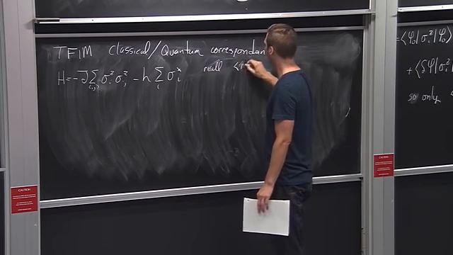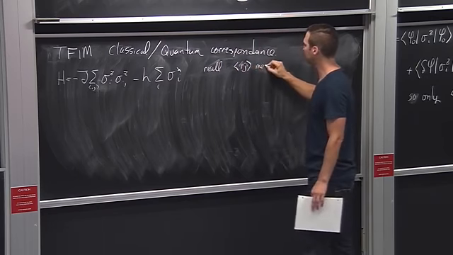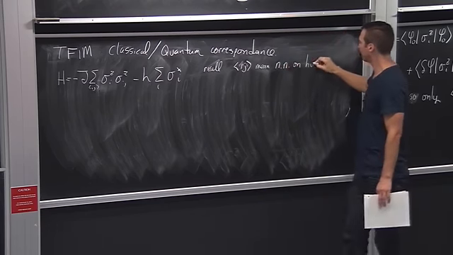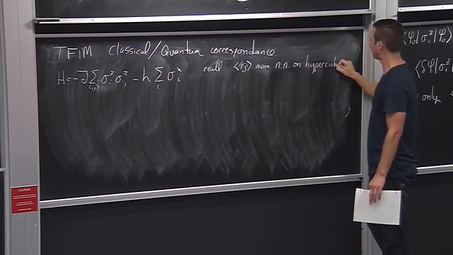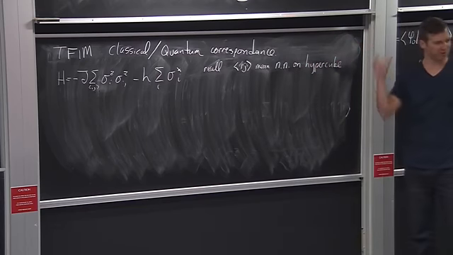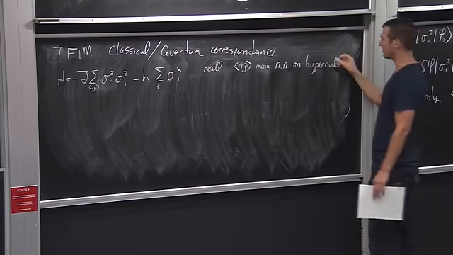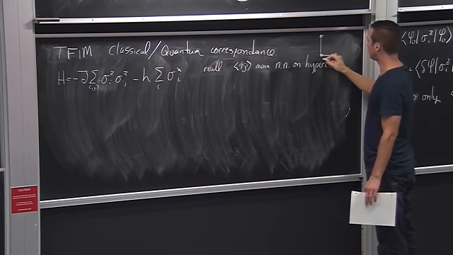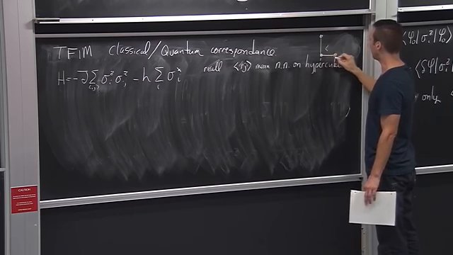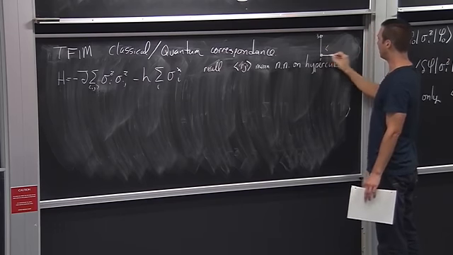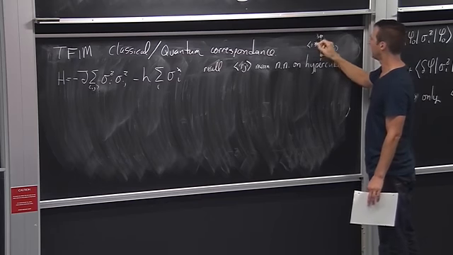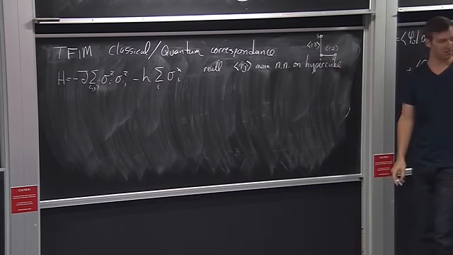So ij means nearest neighbors on the hypercube. And those are nearest spatial neighbors, which is weird to say, but if you have a two-dimensional lattice, you have site 1, 2, 3, I don't know. This bond is given by that index. That bond's given by that index.